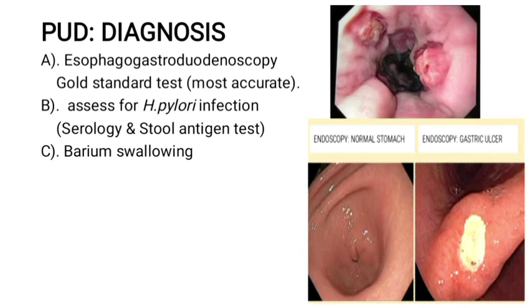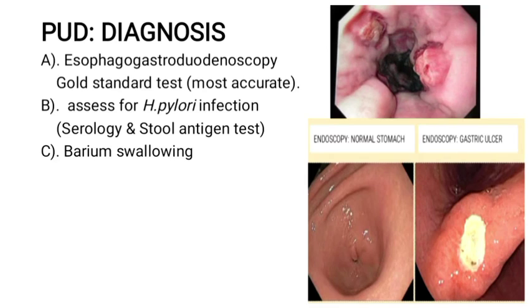That means the patient has Helicobacter pylori in the stool. After being given the drug or medication, the test can be done again to see if the antigen is found in the stool or not.